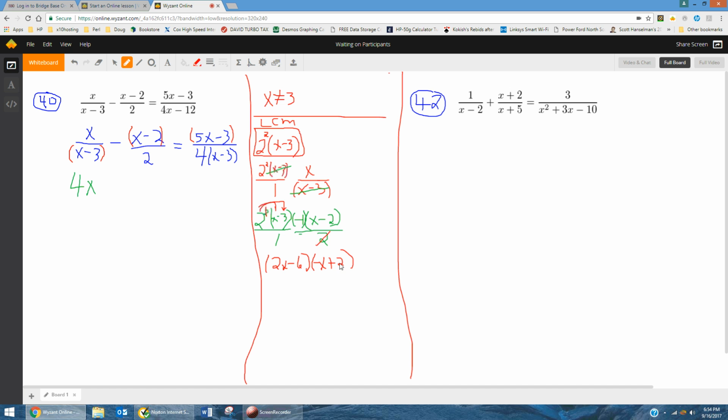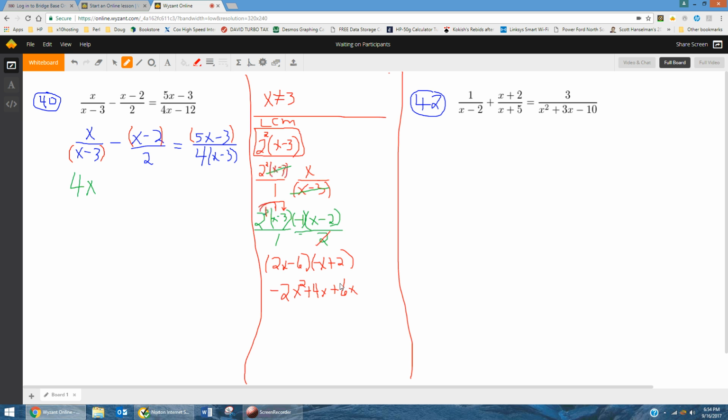And then we're eventually going to have to FOIL this out, so I might as well do this here while I'm on scrap paper. So 2x times minus x, that's the product of the two first terms, that's minus 2x squared. The outer product is a plus 4x. The inner product is a plus 6x.